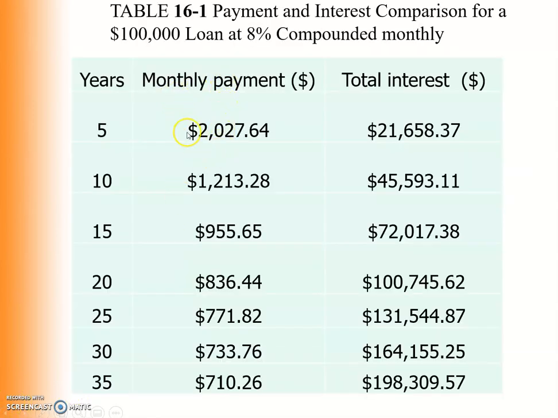Here in this table you can see a comparison for a $100,000 loan at 8% compounded monthly. If you change the number of years in which the loan is to be paid, the monthly payments keep decreasing, but the total interest paid keeps increasing. Okay, we will continue this in the next video clip.